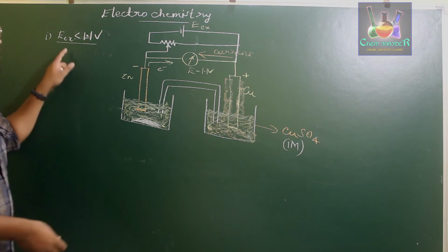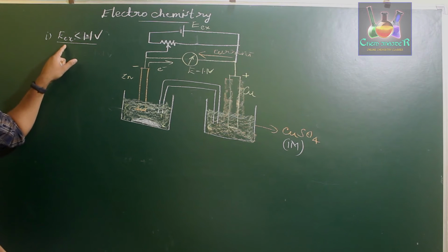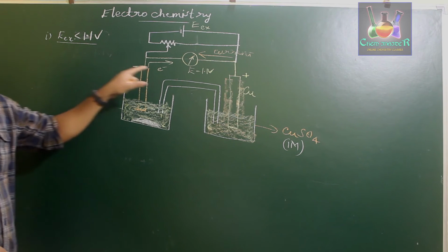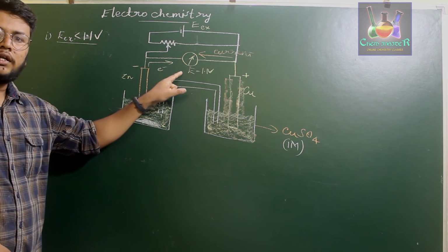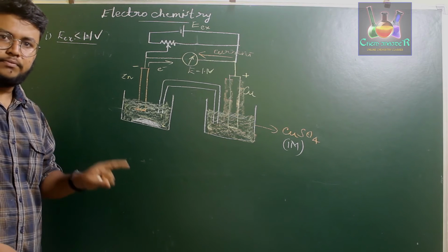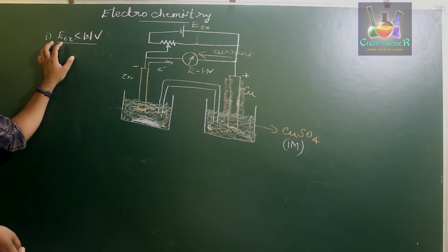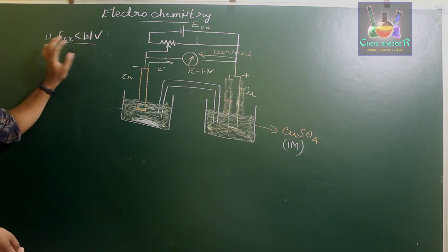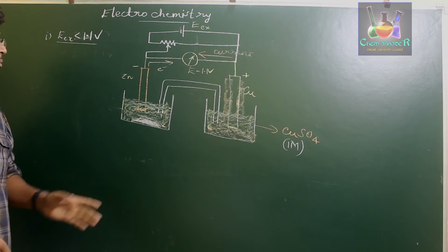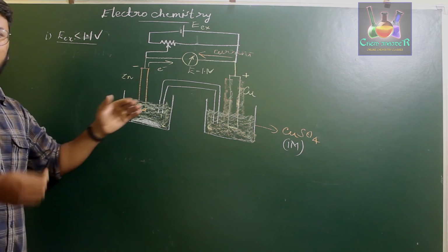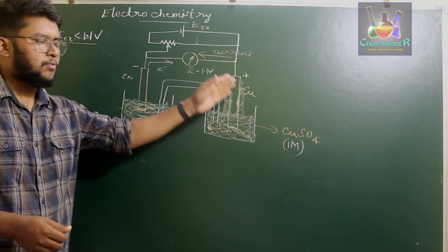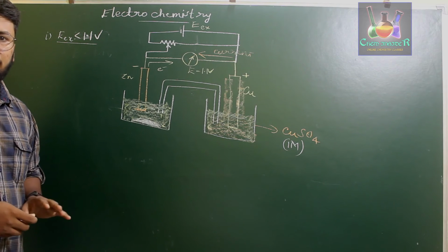Therefore, with an increasing value of external potential, there will be a decrease in the internal potential generated. If the external potential is less than 1.1 volts, electrons will be opposed less, therefore they will be moving towards the positive end of the copper electrode.